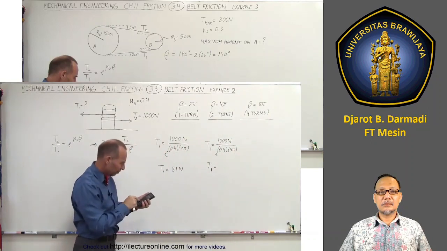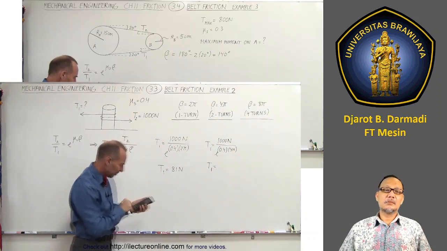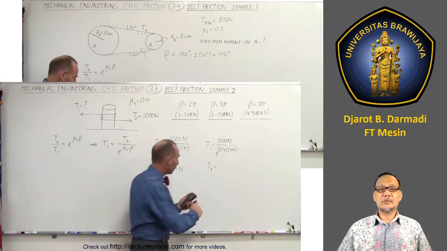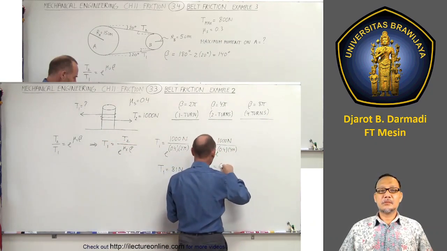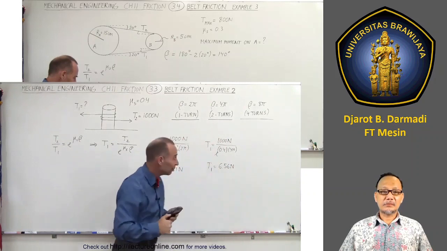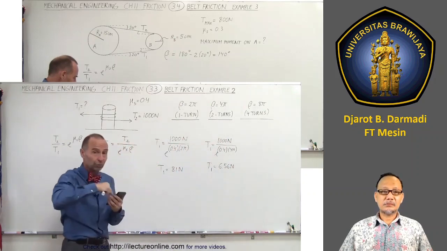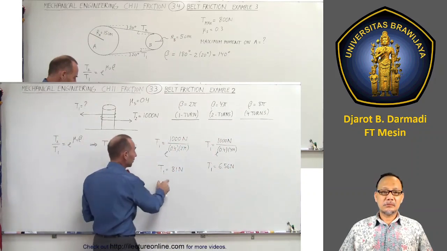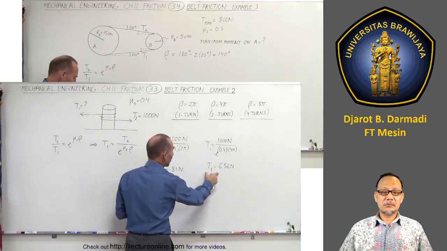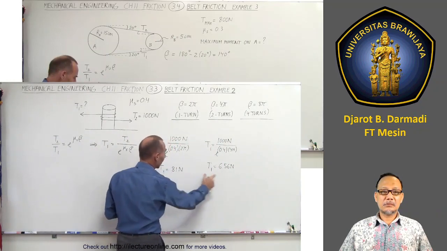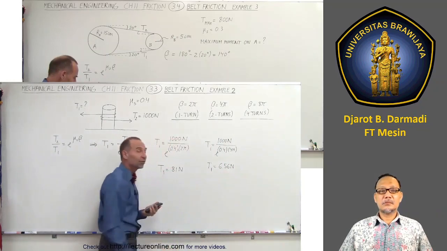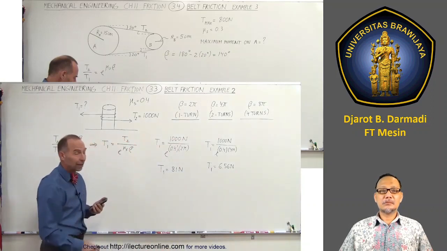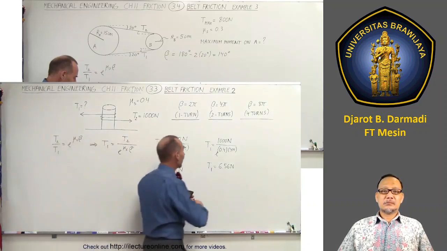Again, we take 0.4 times 4 times pi, take the inverse, times 1,000, equals, and it gives us 6.56 newtons. So what's interesting here is even though we simply doubled the number of turns from 1 to 2, the amount of tension required to keep the rope from slipping dropped dramatically from 81 newtons down to less than 10% of the original amount. So now let's do it 4 turns and see what happens.